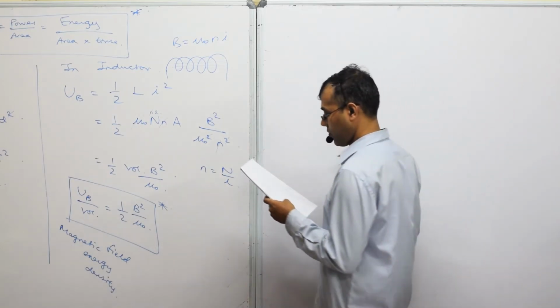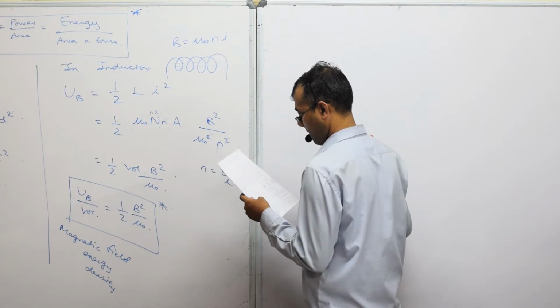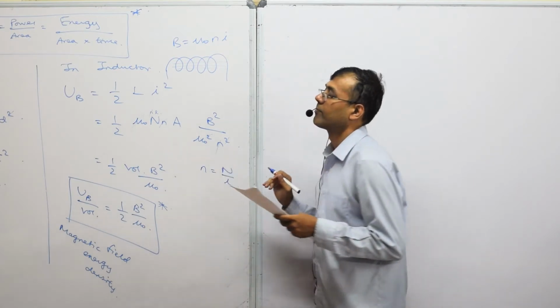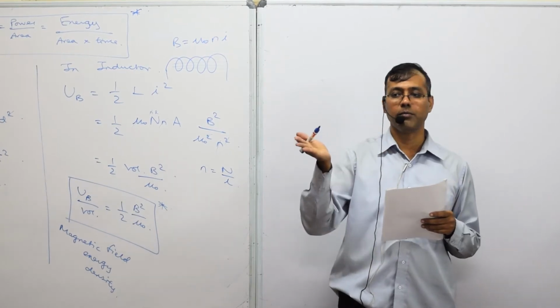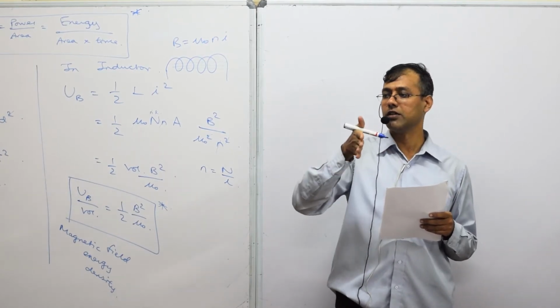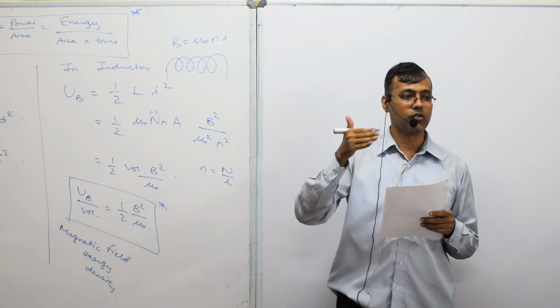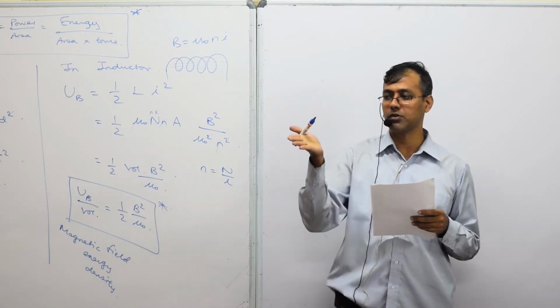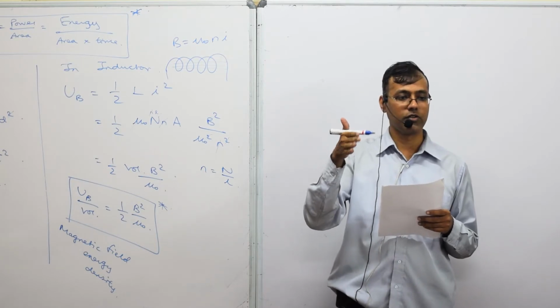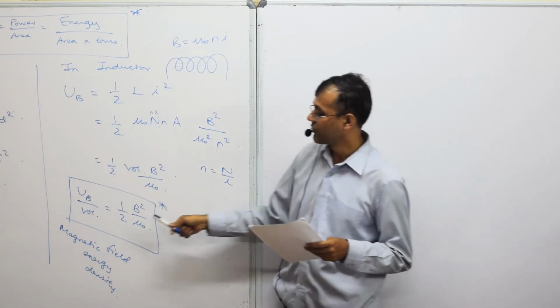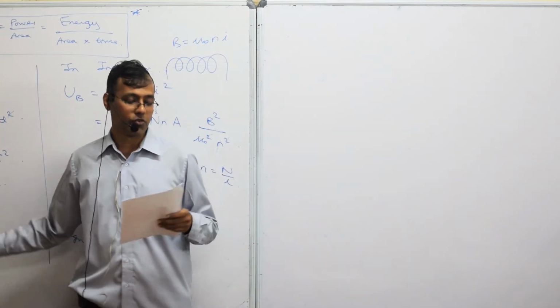Again, there is one more. So let's say electric field is generating the magnetic field, and the magnetic field is generating the electric field, right? That means this energy is getting converted to magnetic field's energy, which is getting converted to electric field energy. So the energy density of this should be equal to this one.